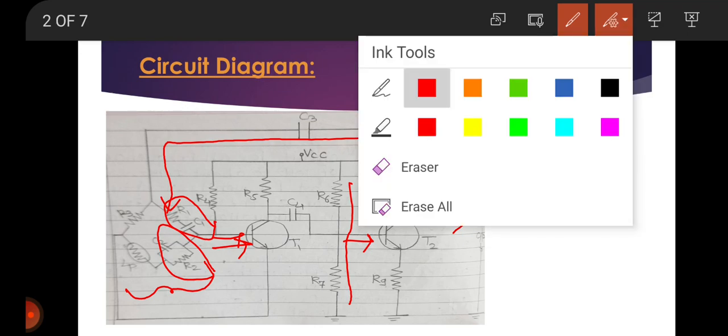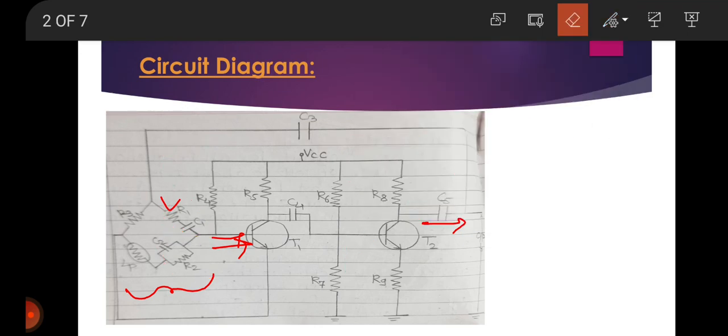So see, noise inherent in the circuit will cause a change in base current of T1, which will appear at its collector point after being amplified with a phase shift of 180 degrees.